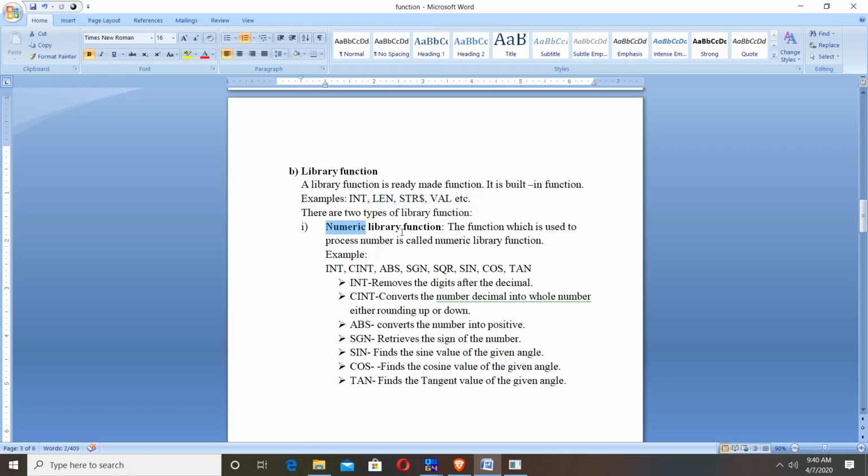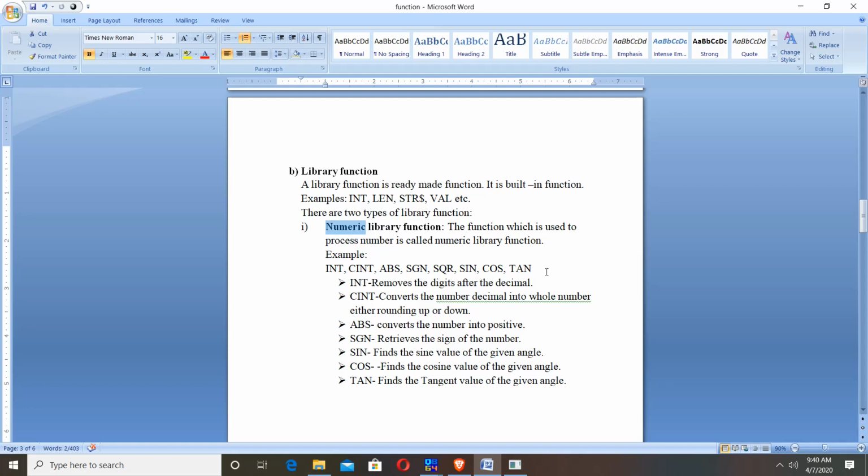The library function which processes numbers is called a numeric library function, and it is used for processing numbers, and finally the result is given in the form of a number. There are different examples of numeric library functions such as INT, CINT, ABS, SGN, SQR. All of them are written here.